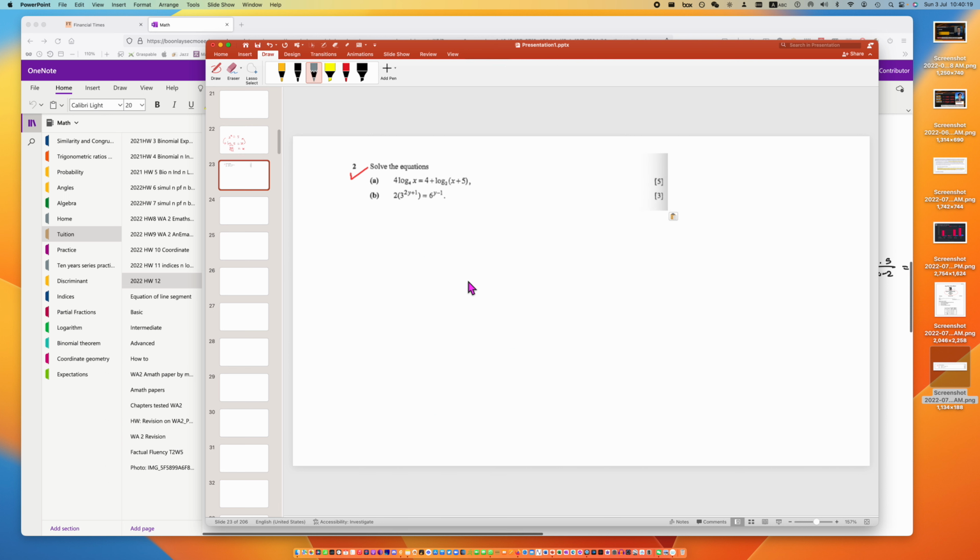So let's start off with question 2, because question 2 is related to the questions that you asked me yesterday. Start off with 2b first. First thing first, you have to get the primary stuff right. If you have 2 times 2 to the power of 3, you don't do the 2 times 2 first.